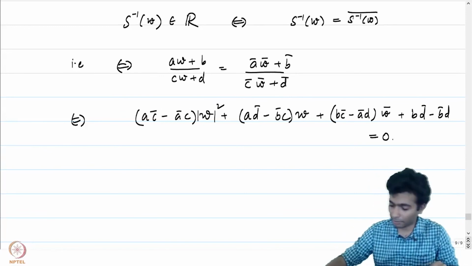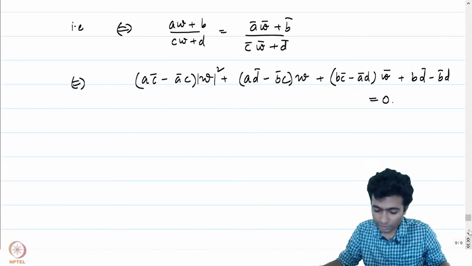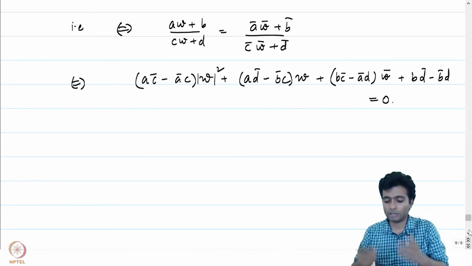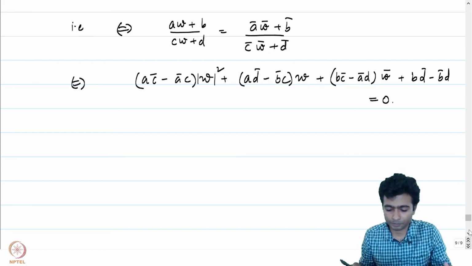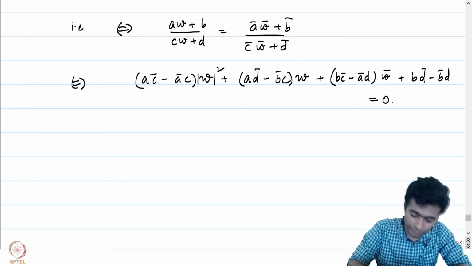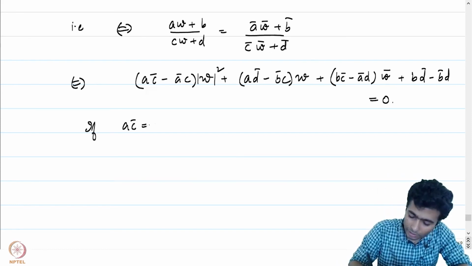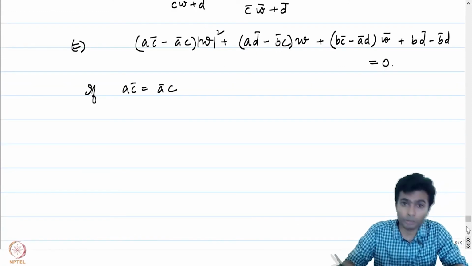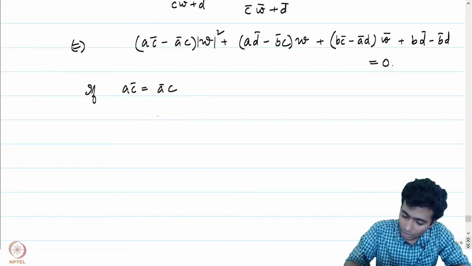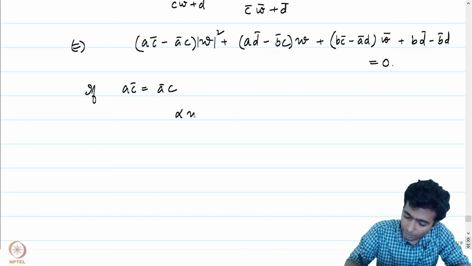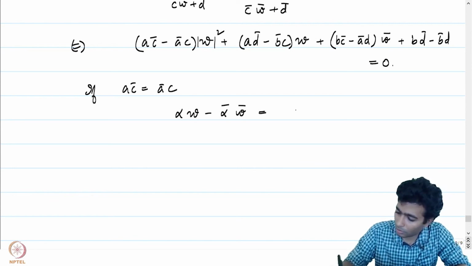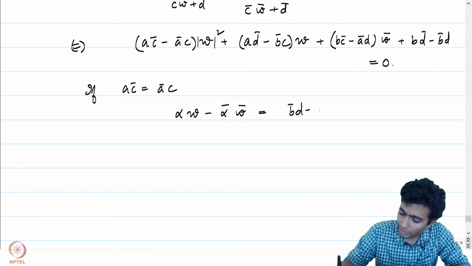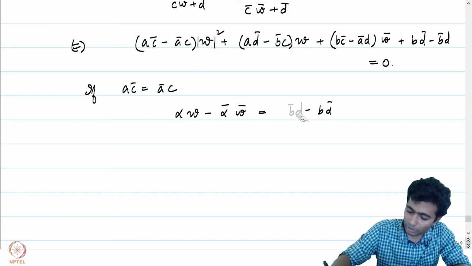Now two cases can happen. What are the two cases? One is when AC̄ is a real number, AC̄ is equal to ĀC. Notice that both are conjugates. If AC̄ is equal to ĀC, the expression will be some alpha times W minus alpha bar times W bar is equal to B̄D − BD̄.